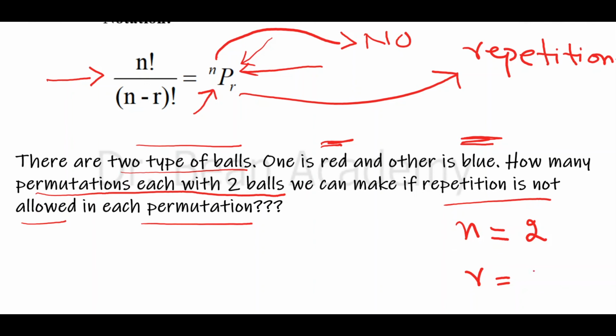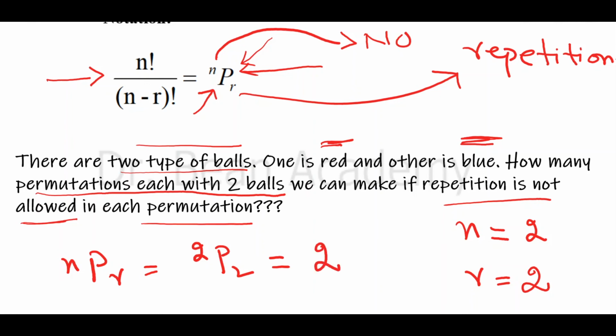So r is also equal to 2. n is 2, r is 2, and now you have to use this formula because repetition is not allowed. And of course they told you explicitly that it is a permutation. Sometimes they may not tell you, but they may only say order matters, so you can guess that it is about permutations. So nPr equals 2P2, and my calculator tells me that it's equal to 2.